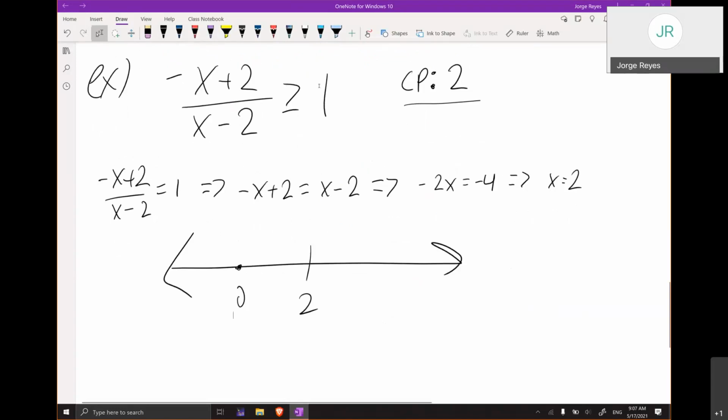Notice now this isn't just a 0 on the right hand side, so you might want to actually plug in to check. If I plug in 0, you're gonna get 2 over negative 2. So you're gonna get -1. Is -1 greater than 1? No. So this is not my answer.